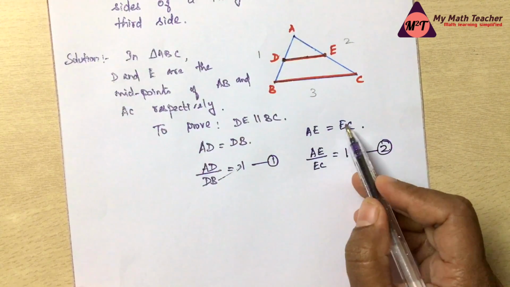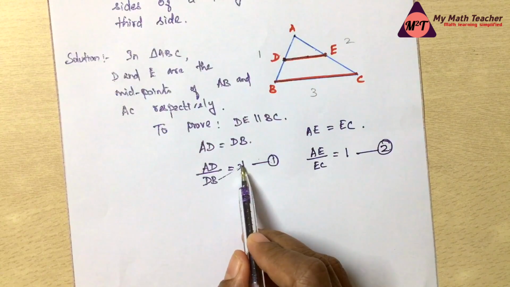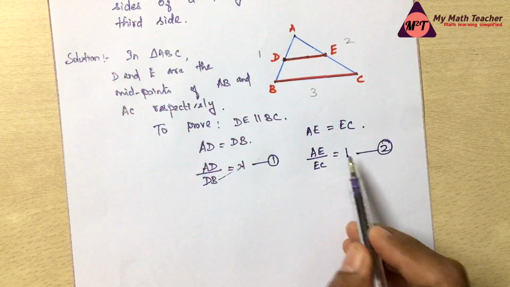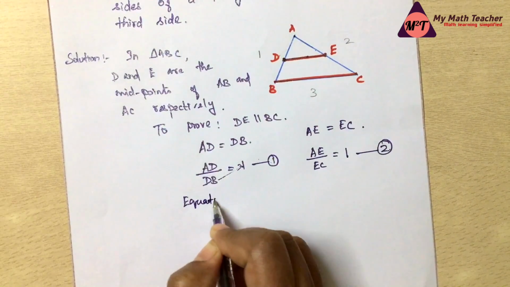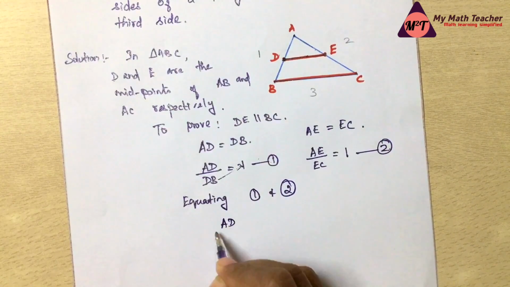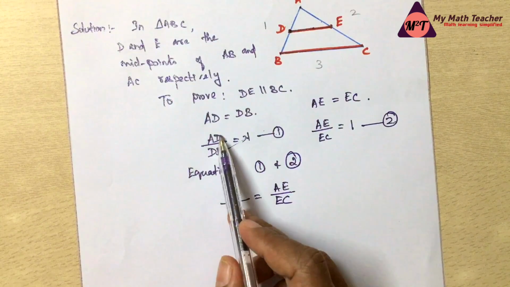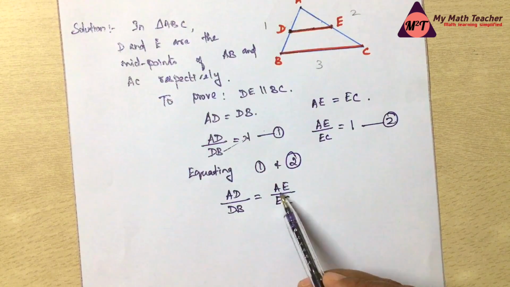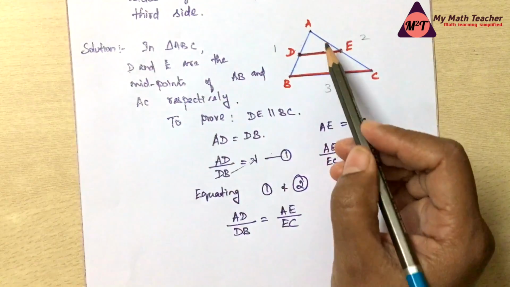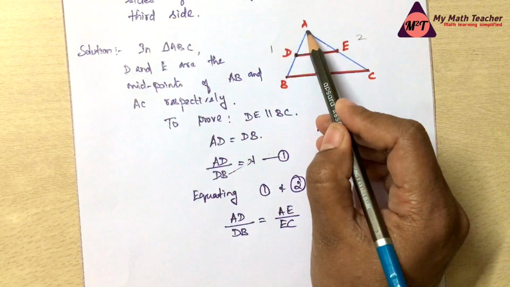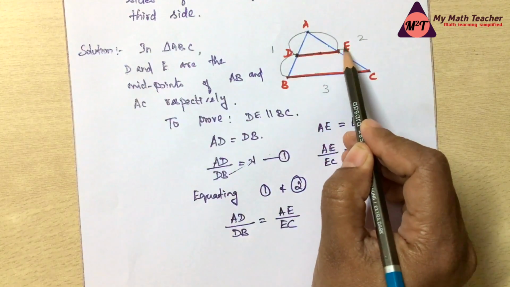When EC comes here, it will be 1. Now, we can say, equating 1 and 2, the right hand side is 1 here, the same 1 as well. So, when RHS are same, we can say LHS both are same. When we are equating 1 and 2, we can say AD divided by DB is equal to AE divided by EC.